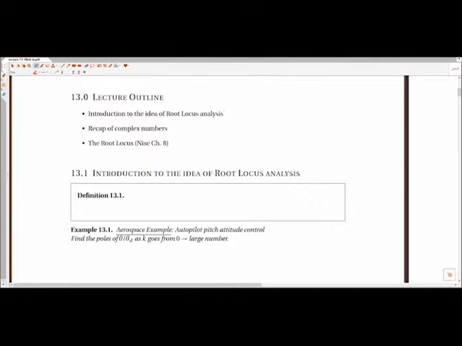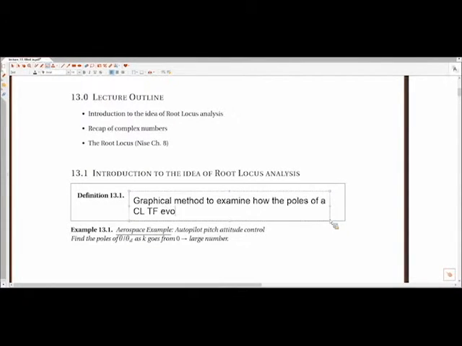But we're trying to introduce this idea of the root locus, and as an informal definition of the root locus, kind of as a start, we'll get to a more formal definition later on in the class. This is a graphical method to examine how the poles of a closed loop transfer function evolve as a function of a single parameter.